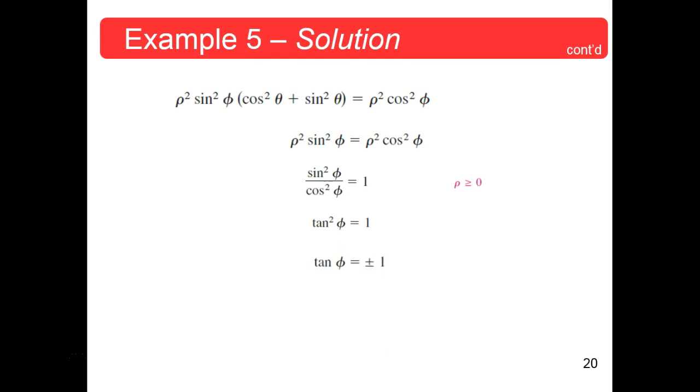Tangent is equal to plus or minus 1, which means phi is pi fourths or 3/4 pi.